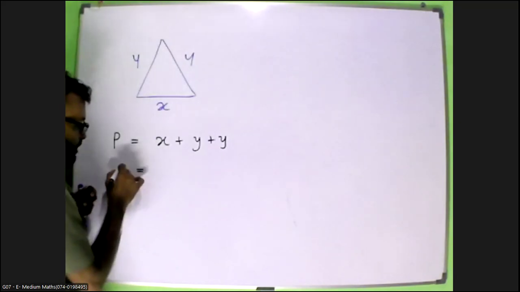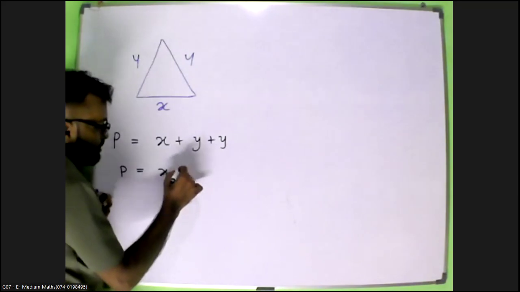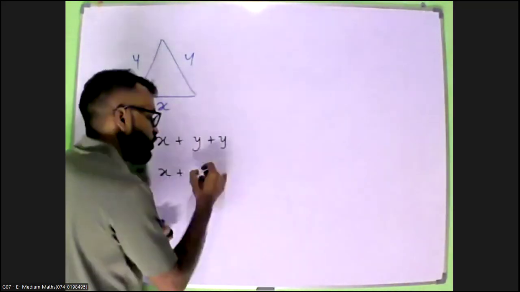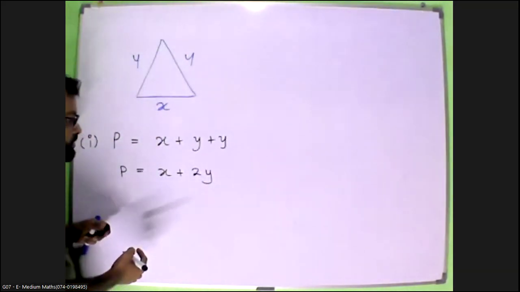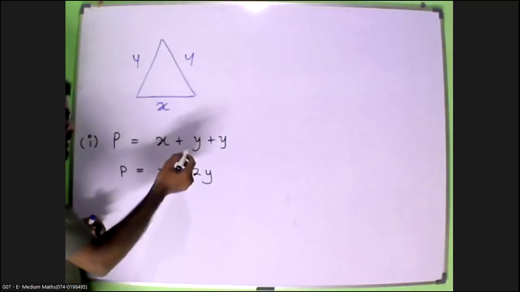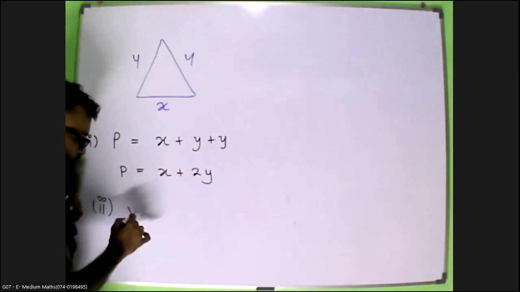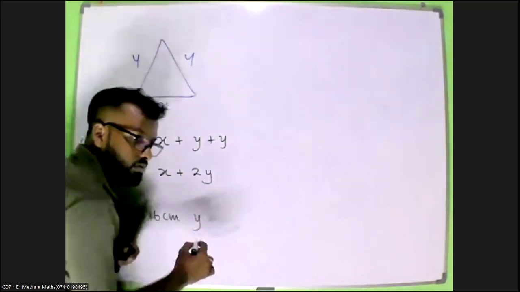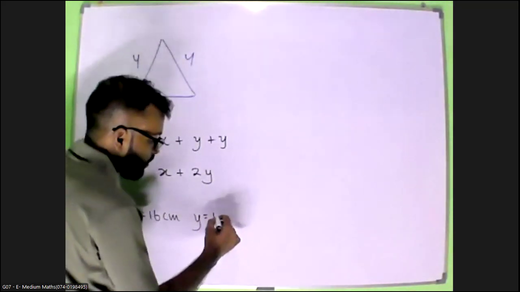So the final answer for the first part is x plus y plus y, that is y plus y, 2y. x plus 2y. In the second part, they have given x equals 16 centimeters and y equals 12 centimeters. So you have to substitute.